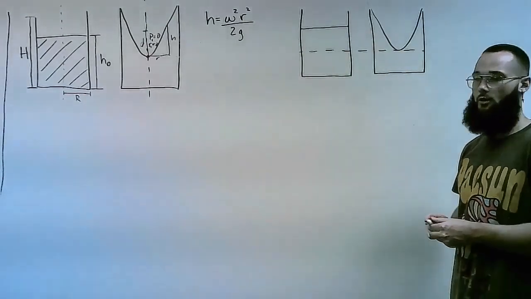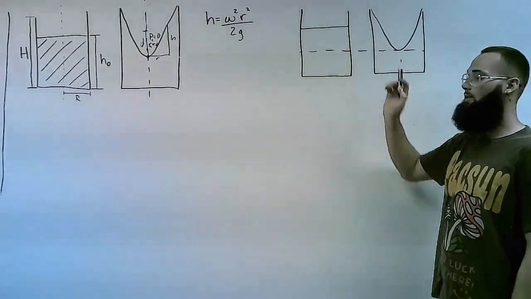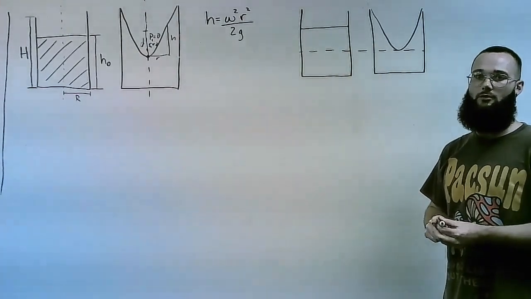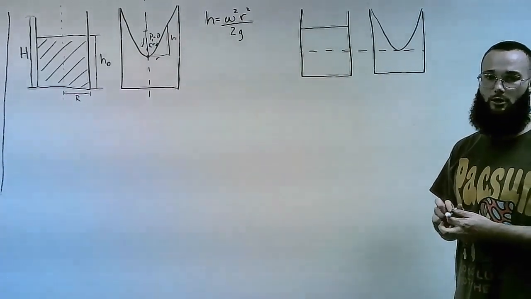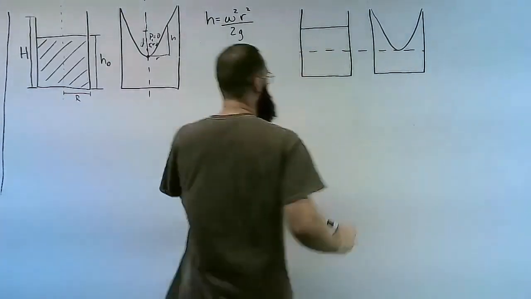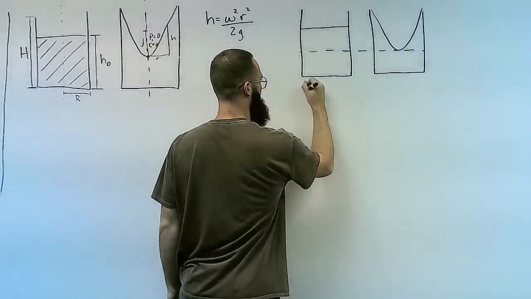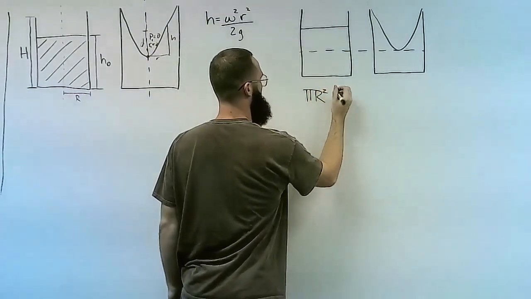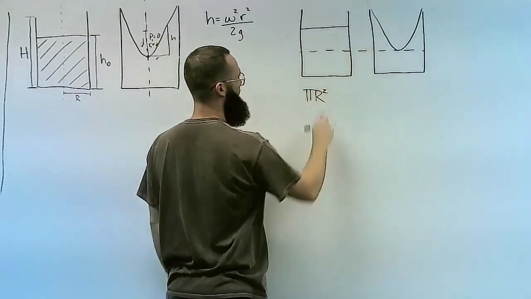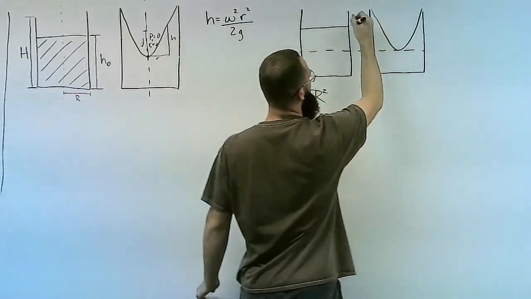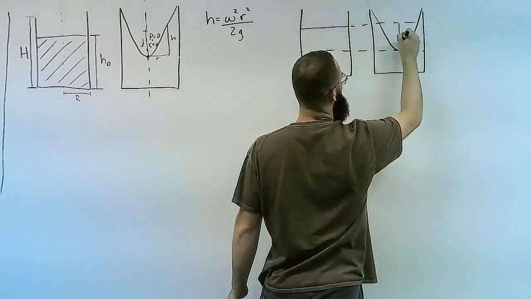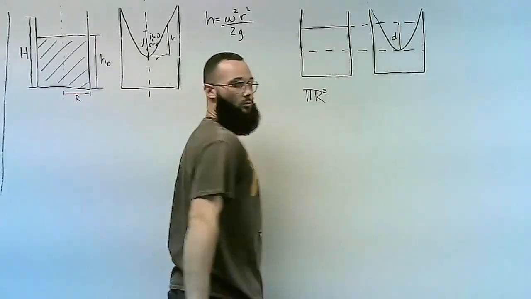So we're going to set these volumes above the dashed line equal to each other, and from there derive an expression for the depression d. First, this is just the volume of a basic cylinder, which is pi big R squared because it's the total radius, and this height here will be d.